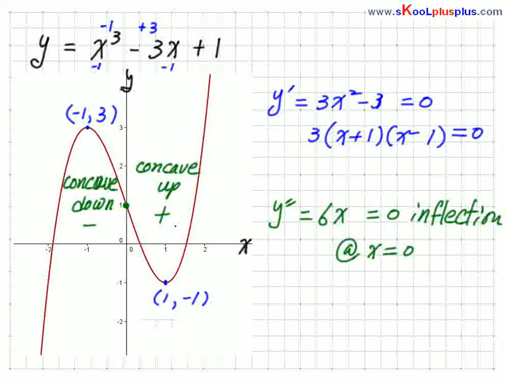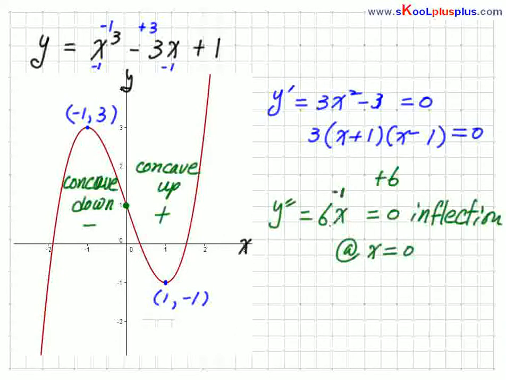That's inflection. Now, what about the positive? Let's say we plug in 1. 1 times 6 is a positive 6. Positive 6 means concave up because it's positive. Now, what about negative 1?